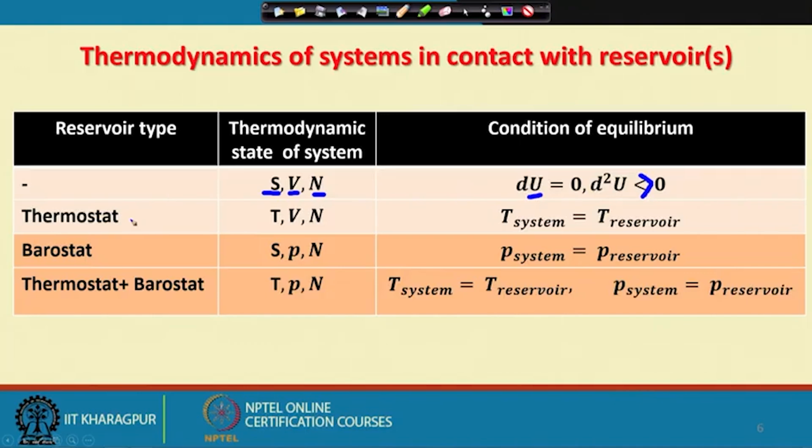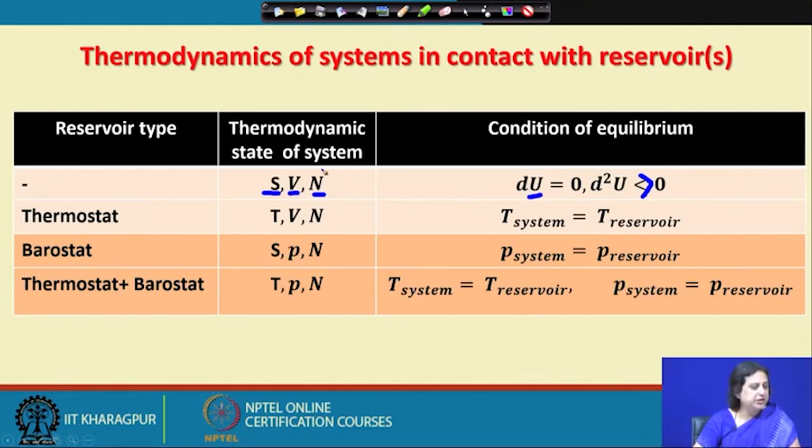Now, coming back to this description, the question is, if a system is in contact with a thermostat and it has attained an equilibrium, then how do I define the thermodynamic state of the system?